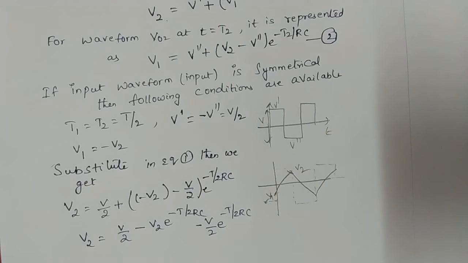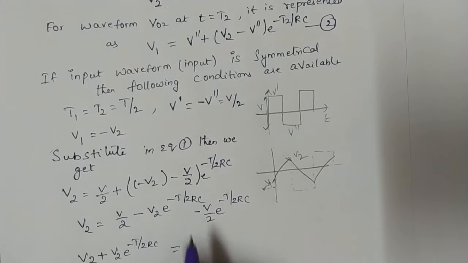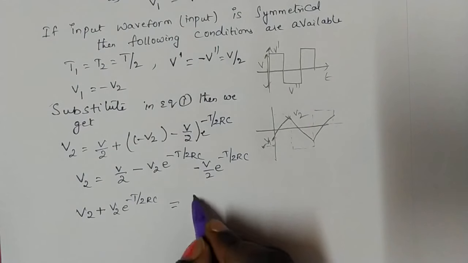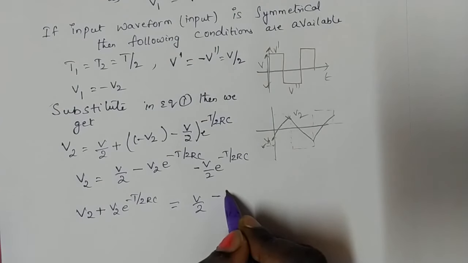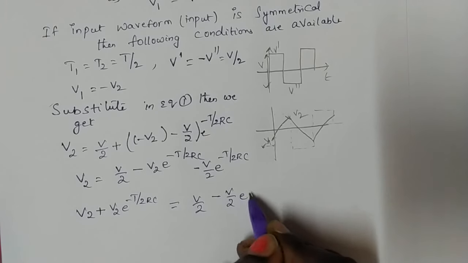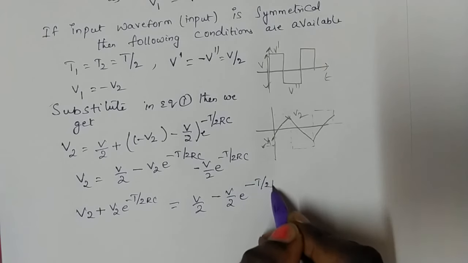Now taking common and sending the v2 to the other side of this equality and v by 2 onto the other side, write it as v2 plus v2 into e power of minus t by 2 RC equal to v by 2 minus v by 2 into e power of minus t by 2 RC.